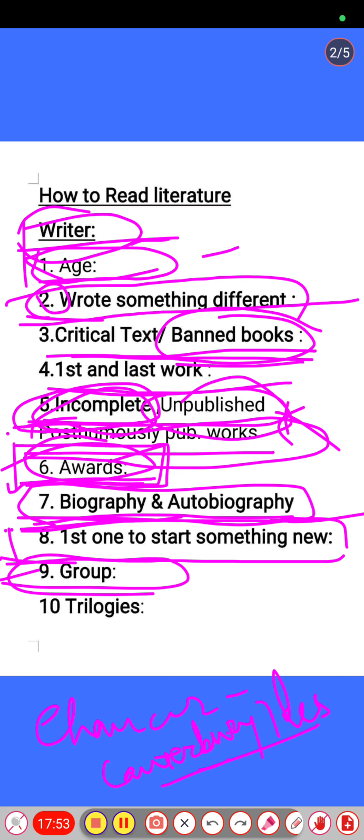We'll go to the next page. After this, trilogies are also important, because this type of question was also there in the exam. Suppose Amitav Ghosh has written a trilogy. Other than Amitav Ghosh, we have Mulk Raj Anand.